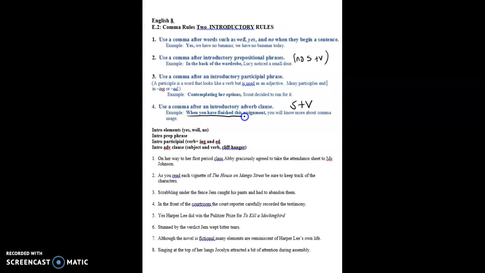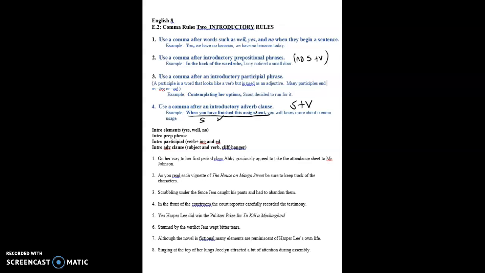When you have finished this assignment, and you can see you've got your subject you and have finished is your verb phrase. And the word when makes that whole thing that I've underlined a dependent adverb clause. It sounds like a cliffhanger. When you have finished this assignment, dot, dot, dot, what will happen? That's why it's dependent, because it doesn't finish its complete thought.